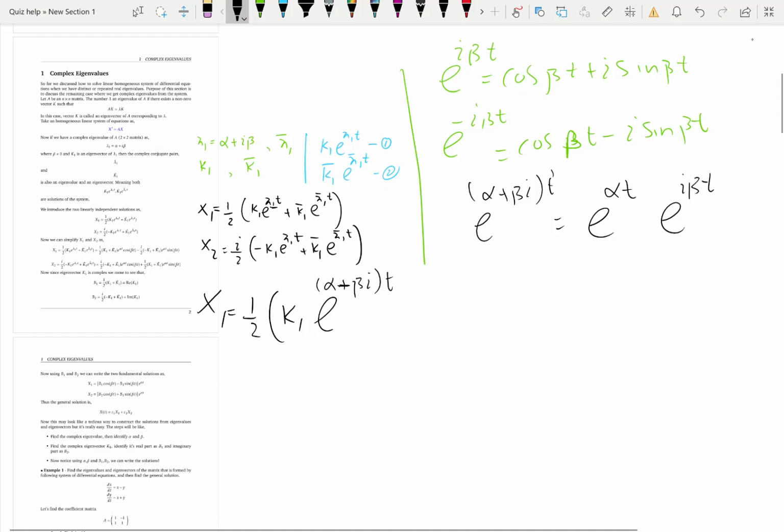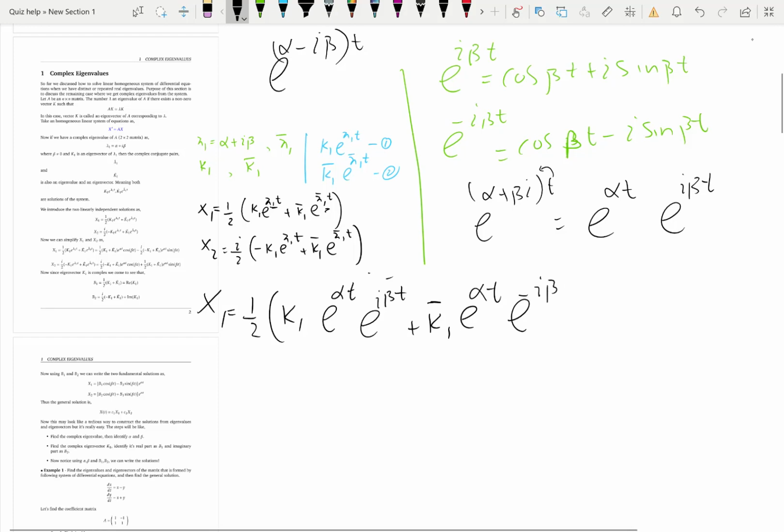You distribute the t and break them up. So instead of writing this one, we can write e to the alpha t, e to the i beta t. Then k1 bar. Now you have lambda 1 bar, so that means e to the alpha minus i beta times t, which can be broken up as e to the alpha t, e to the negative i beta t.